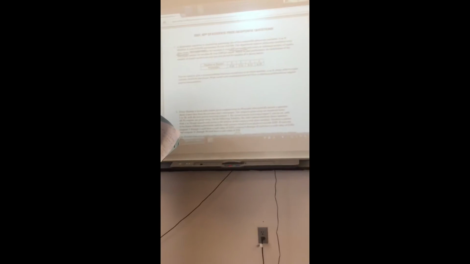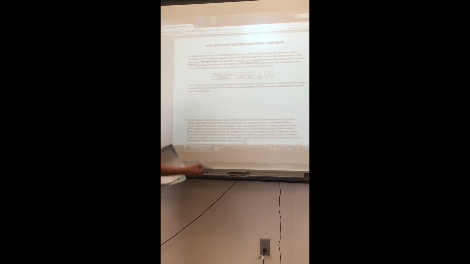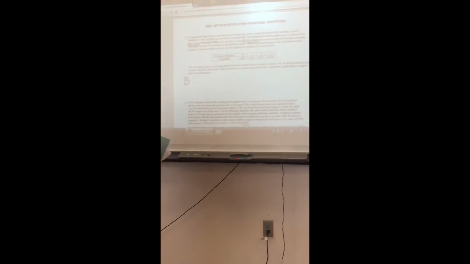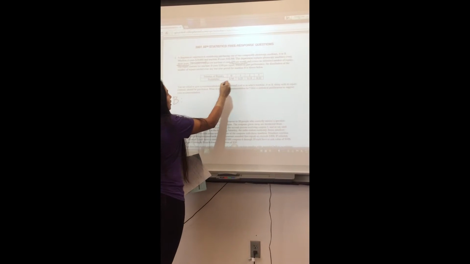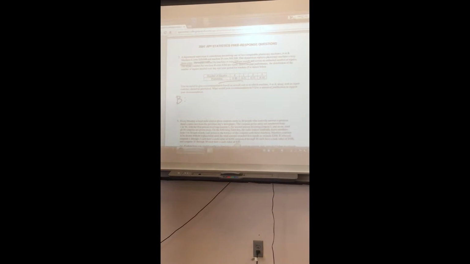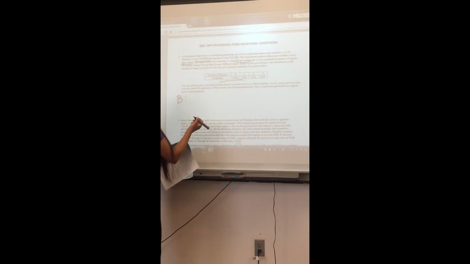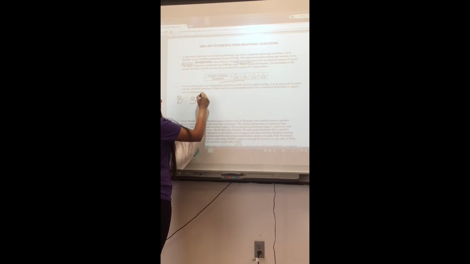Okay, so now we need to find the total cost for 3 years for machine B. And the way they do it is that they give you the distribution in this chart down here. So what you want to do is find the expected number of repairs for 3 years first. So using our formula, since you want to find it in 3 years, you have to multiply the whole thing by 3.